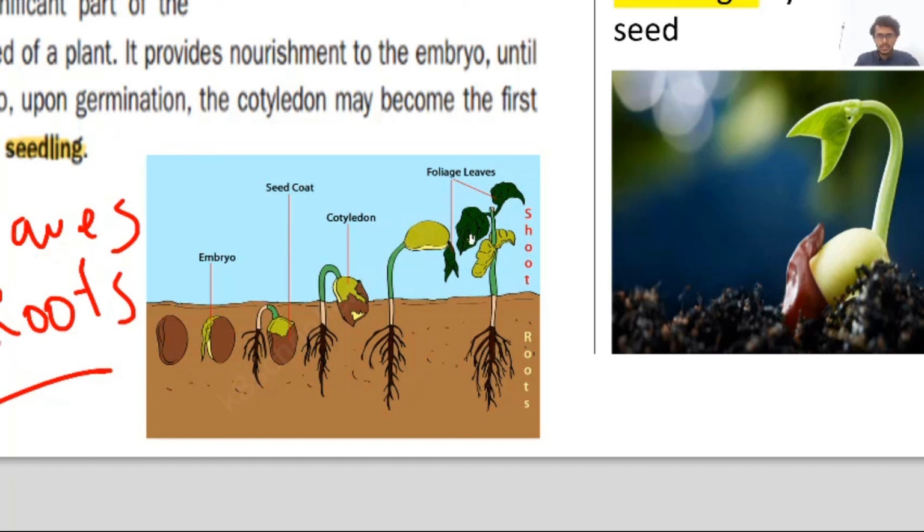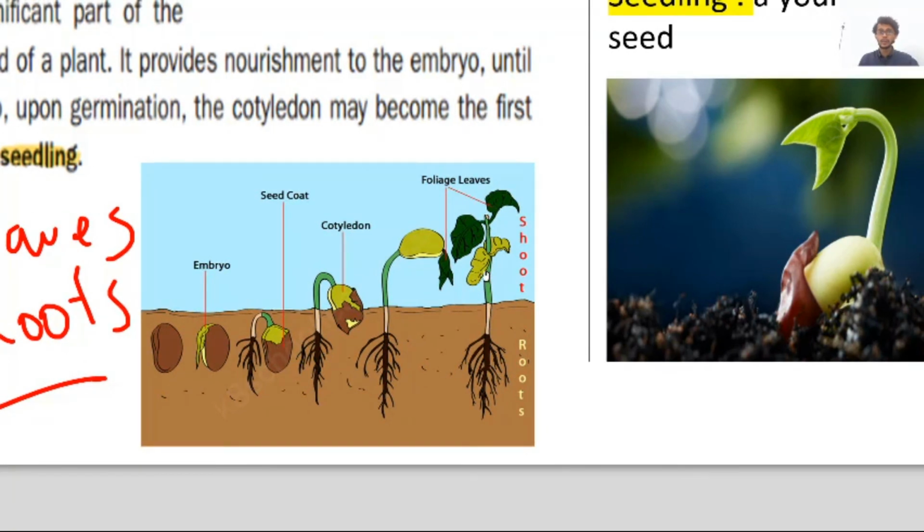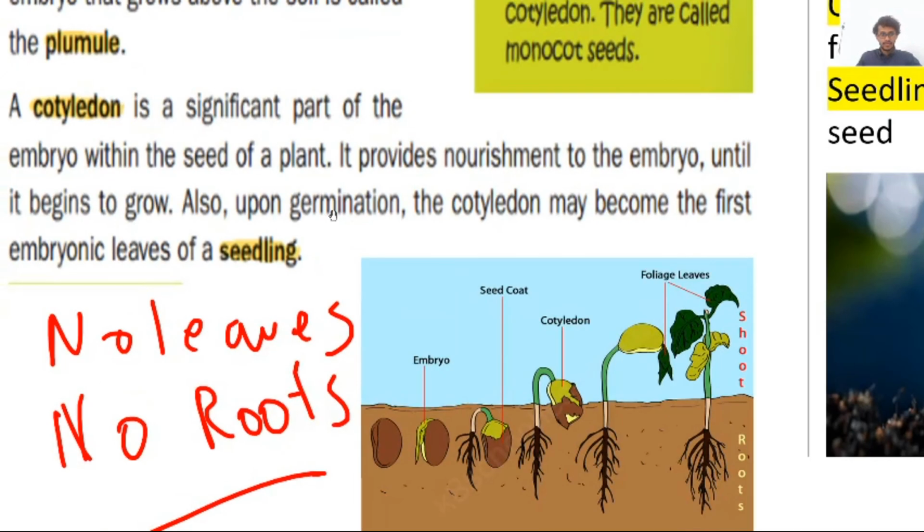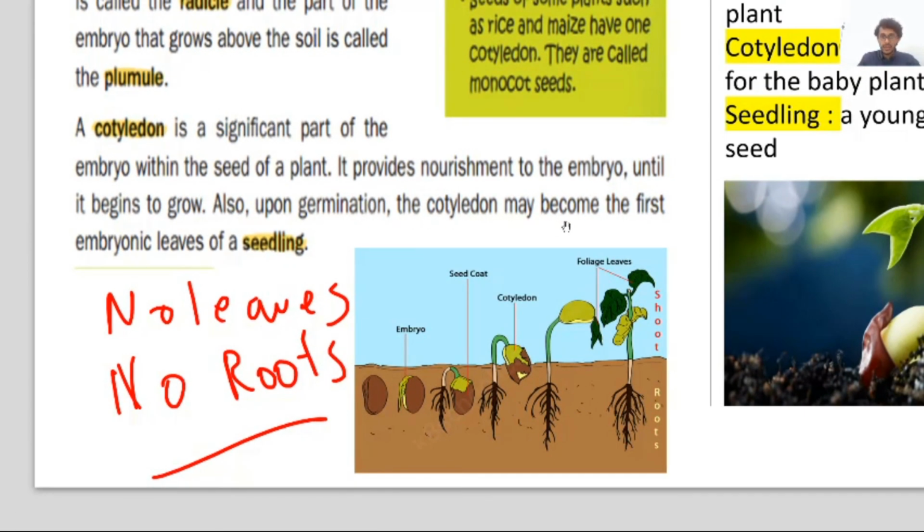So this cotyledon will turn into small tiny green embryonic leaves, which will shed away. Upon germination, the cotyledon becomes the first embryonic leaves of a seedling.